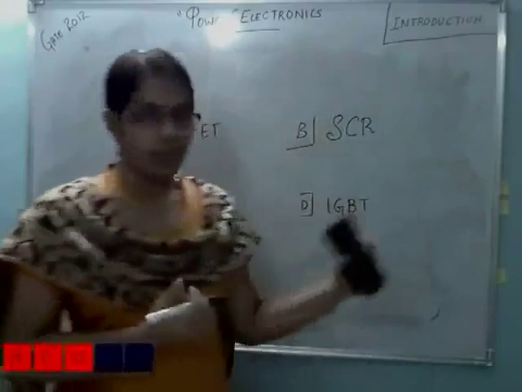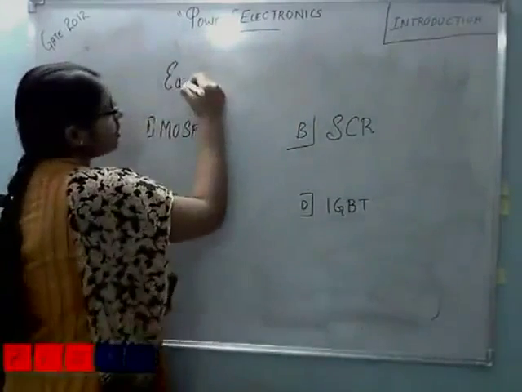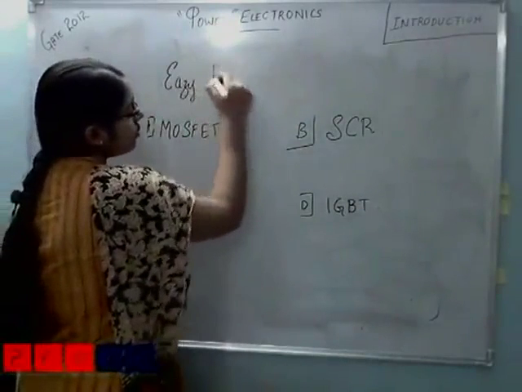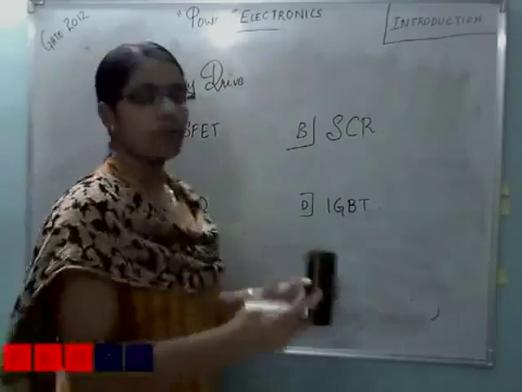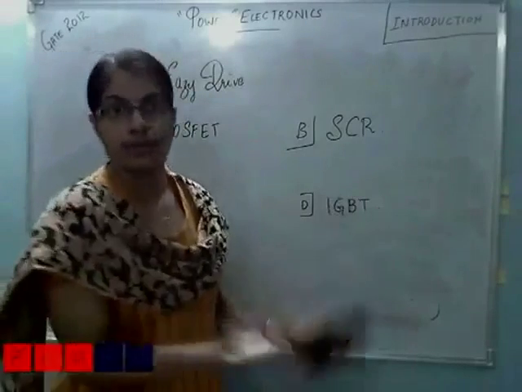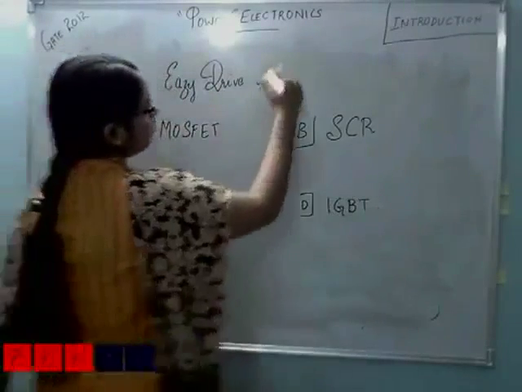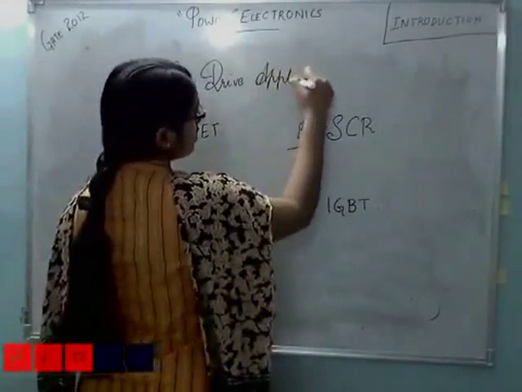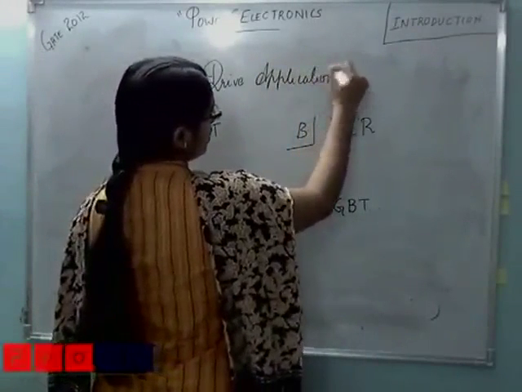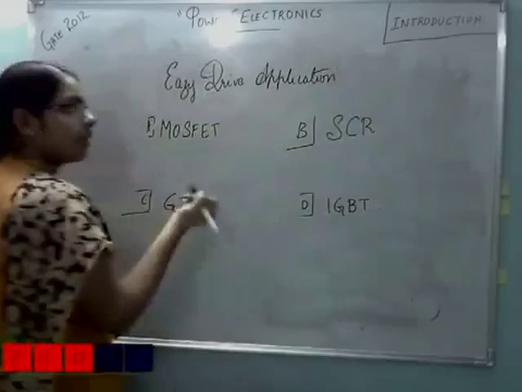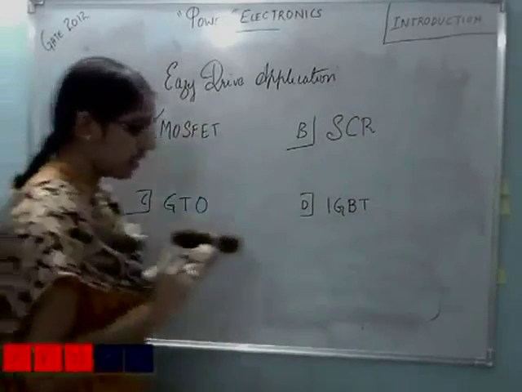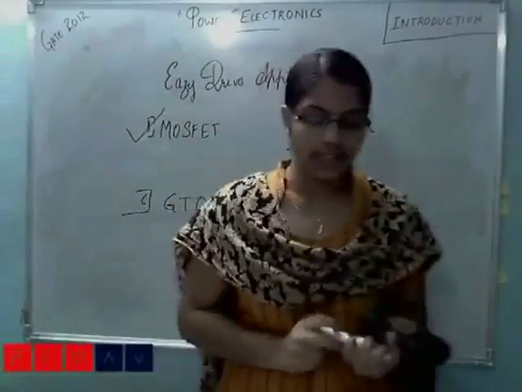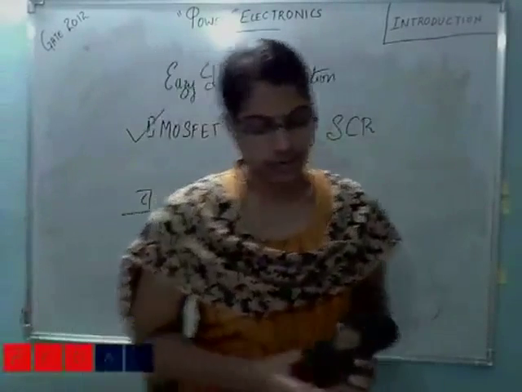So that is a drive. So easy drive application means which of these devices are most suitable for giving a variable voltage or variable current or variable frequency for a drive. So it can be a MOSFET. MOSFET is having easy drive application.